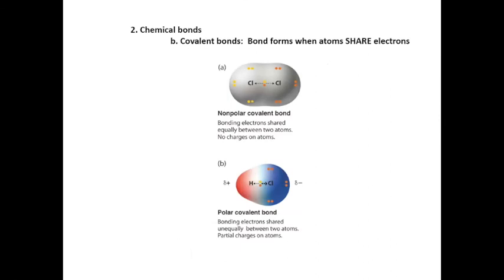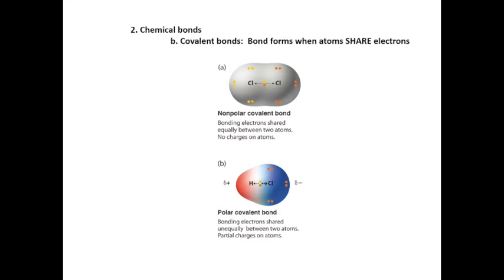So we have two different kinds of covalent bonds. One is the Disney version. Everybody shares, everybody's happy. All the electrons are in this blissful little world. Some bonds have that nature where the electrons are equally shared.